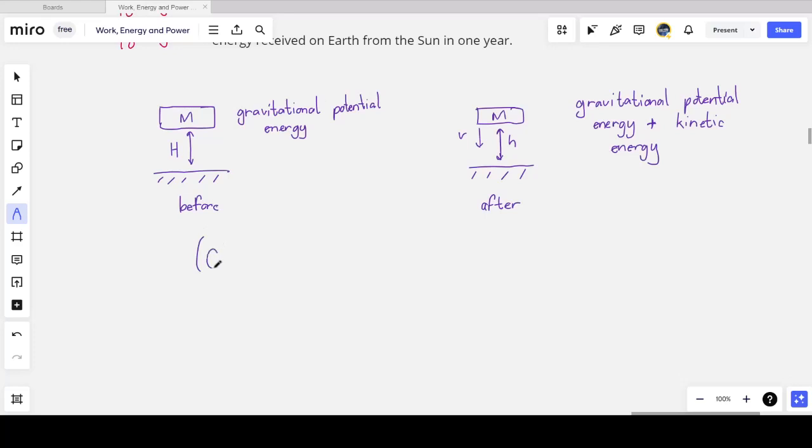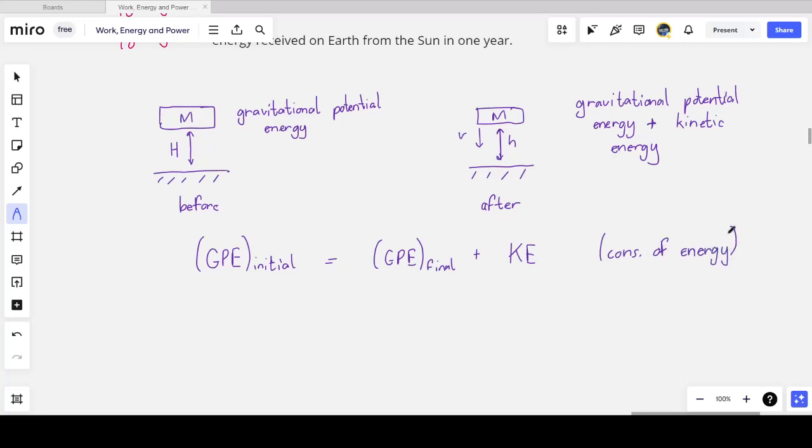And so therefore, what I can say is that the initial gravitational potential energy, now again, I'm assuming there's no air resistance, I'm assuming no heat loss, I'm assuming very ideal scenarios. The initial gravitational potential energy is equal to the sum of the final gravitational potential energy plus whatever kinetic energy is gained, KE. This is the principle of conservation of energy in mathematical form.